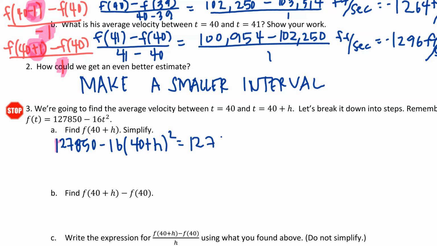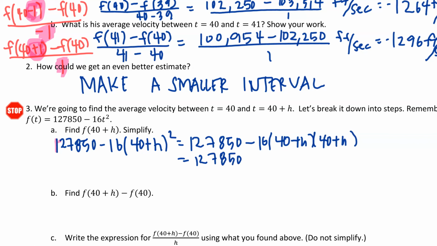So it's 127,850 minus 16 times what? 40 plus h times 40 plus h. So it's 127,850 minus 16 times what? 1600 plus 80h plus h squared.